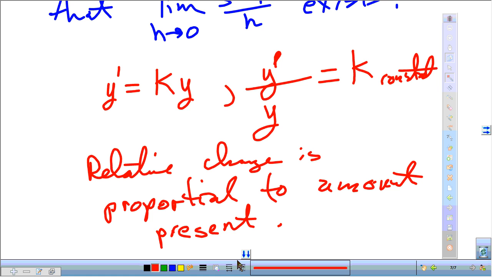So, for exponentials, such as 3 to the x, the observation here is important, that the derivative compared to the function is a constant. What does that mean? Well, the way it's changing, the relative change is directly proportional to how much there is. So y would be the original how much, y prime is how it's changing. So how it changes is directly proportional to how much there is.